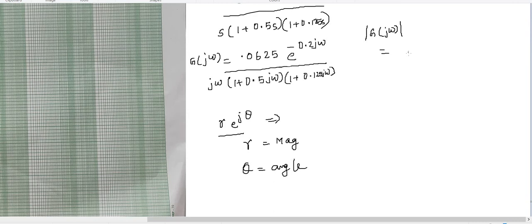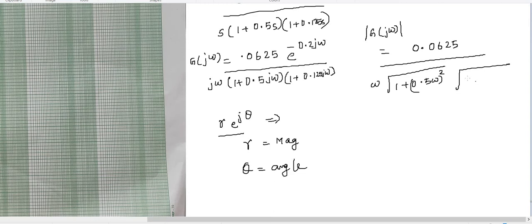When K is equal to 1, the constant term in the numerator is 0.0625, divided by omega into square root of (1 + (0.5 omega)^2) into square root of (1 + (0.125 omega)^2). This will be the magnitude of G(j omega).